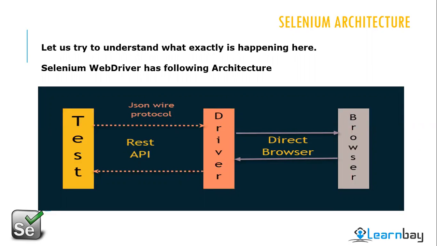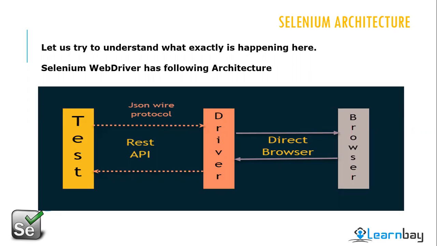On the very left-hand side, you see that there's a test. That is the actual Selenium test. And in between, there is something called the driver, which is nothing but your Selenium WebDriver instance.